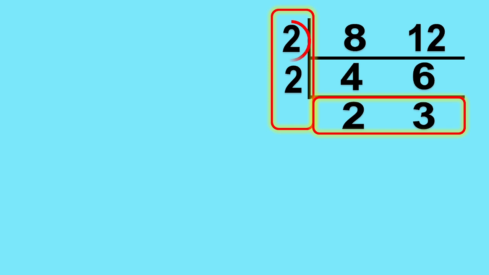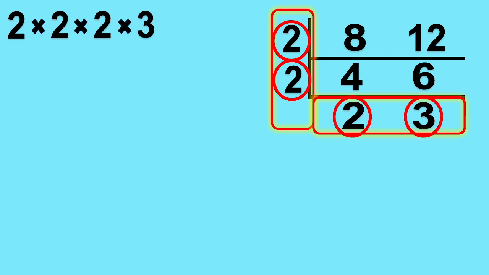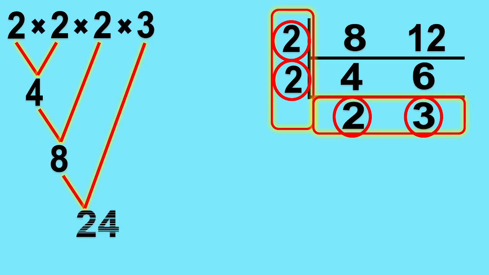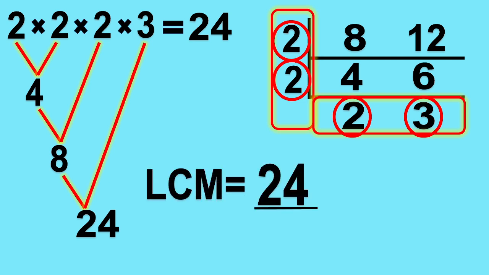So, 2 times 2 times 2 times 3. 2 times 2 equals 4. 4 times 2 equals 8. 8 times 3 equals 24. So, 2 times 2 times 2 times 3 equals 24. So, the LCM is 24.